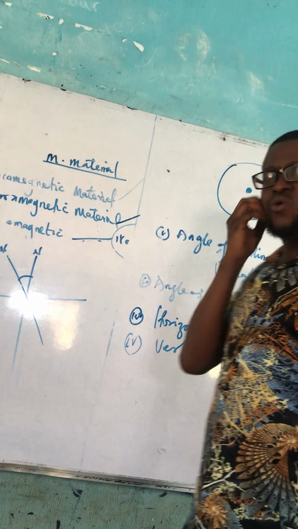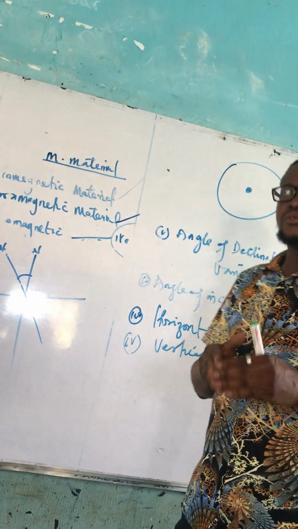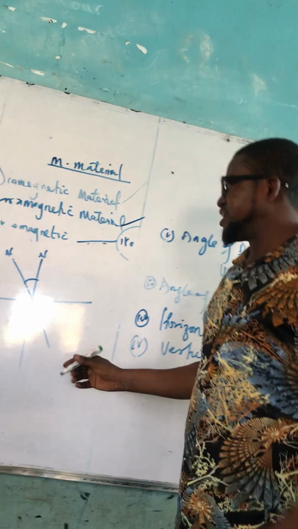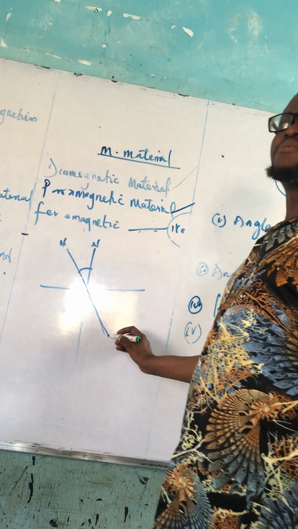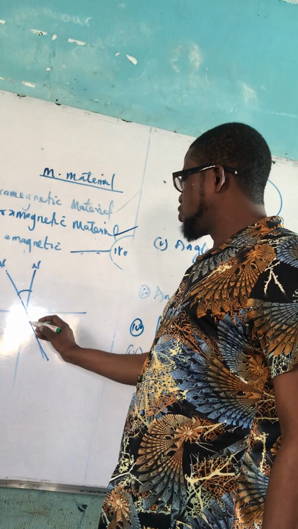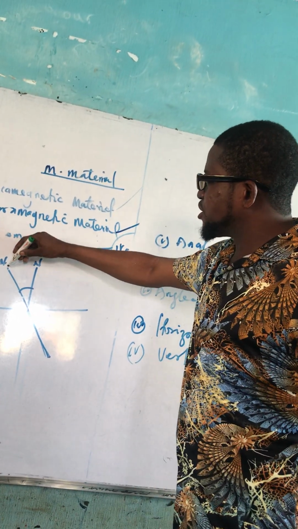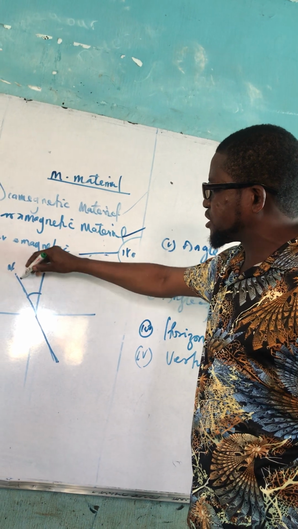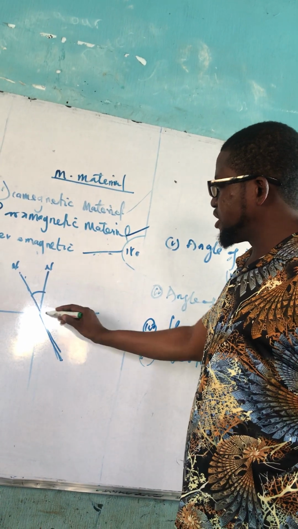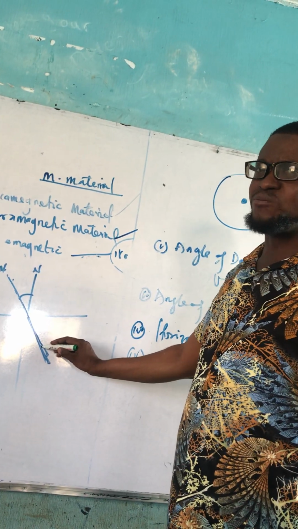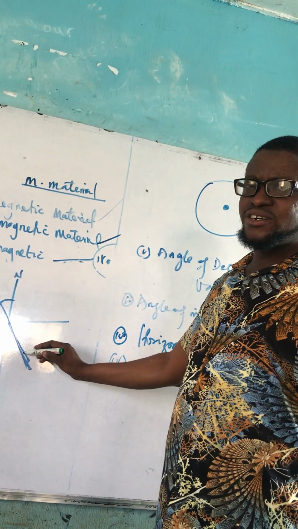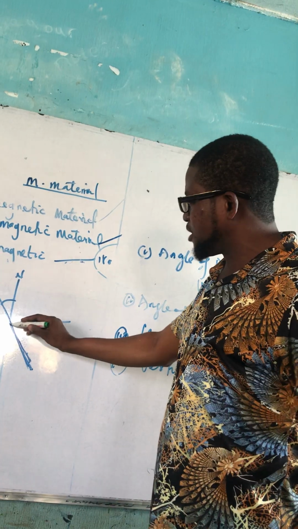This is the angle between, look at it very well, the earth's resultant magnetic field. This is the earth's resultant because the continuation of this geographical line is this line. So this line in a magnet shall be called the earth's resultant of the magnetic field. That's the name of this line.